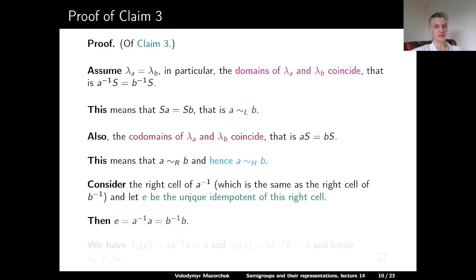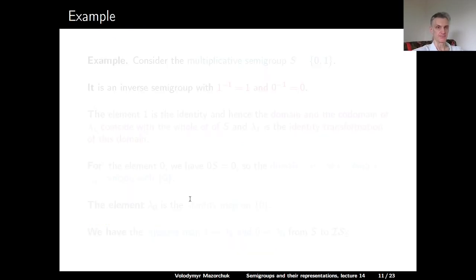Then we can write E as A inverse A or as B inverse B, but then lambda A applied to E is equal to A times A inverse A, which is A. And at the same time, lambda B applied to E is equal to B inverse B, which is B. And hence, lambda A is different from lambda B if A is different from B. Or alternatively, if lambda A is equal to lambda B, then A should be equal to B. This completes the proof of claim 3.